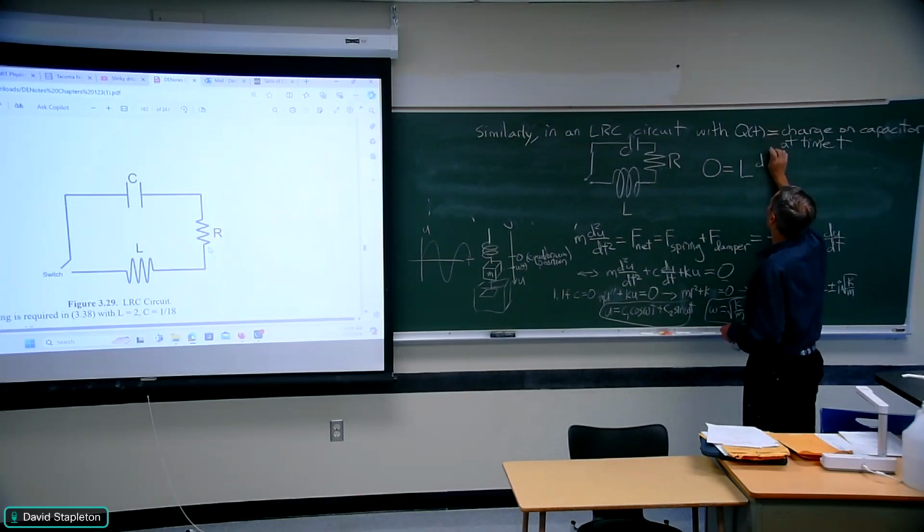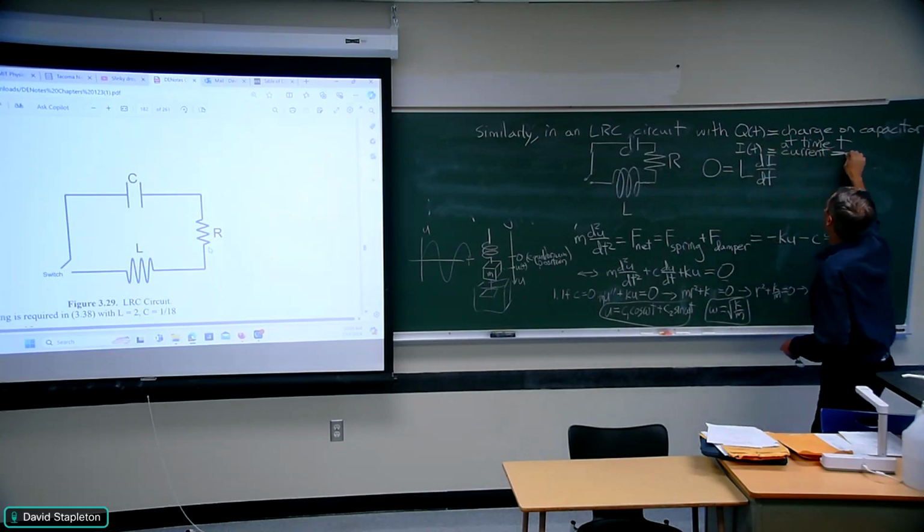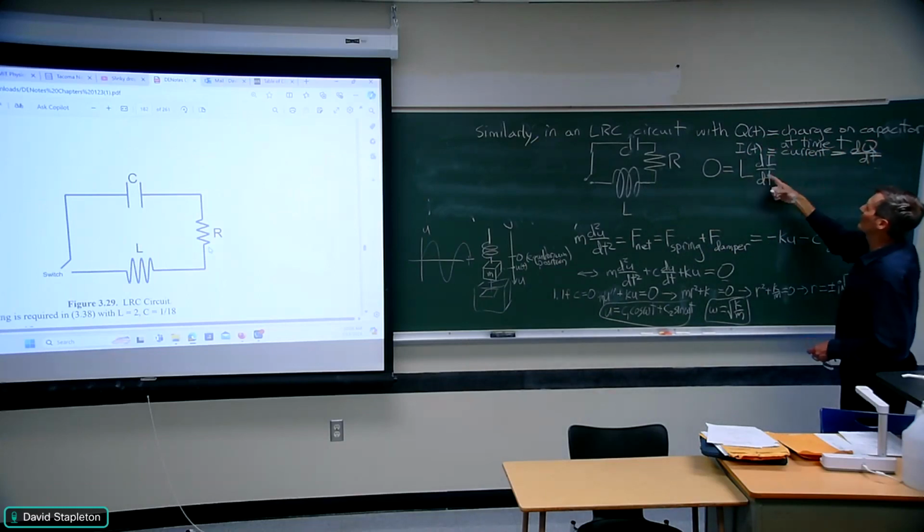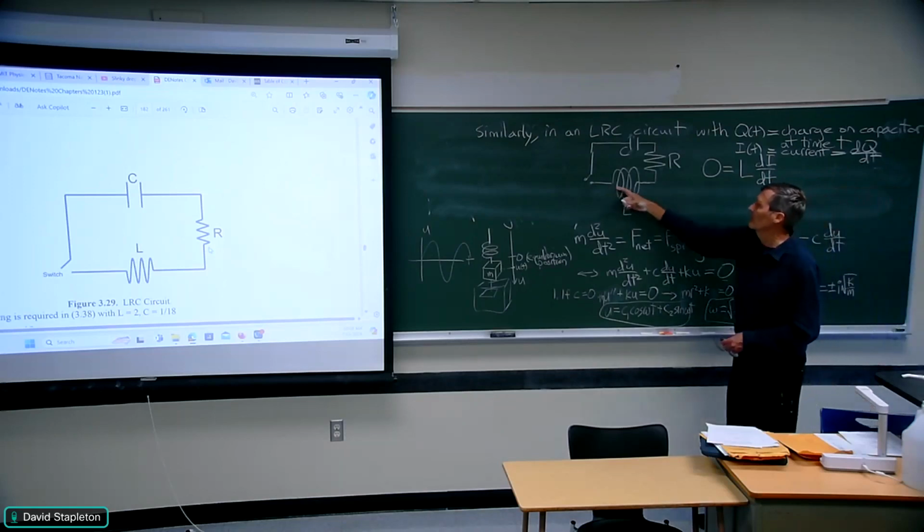Well, let's write it this way: L di/dt, where I is the current in the circuit. So I of t equals the current. The current is the rate at which charge is flowing, so it's actually equal to dq/dt. And so L di/dt is the voltage drop across the inductor.